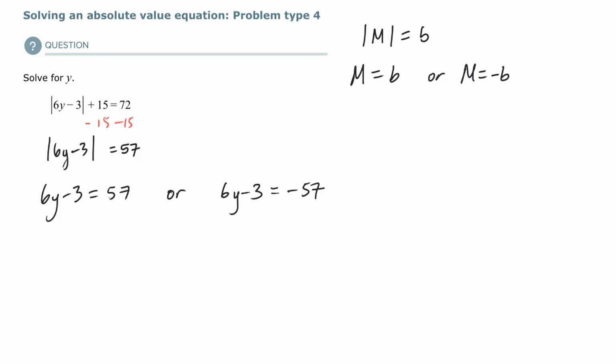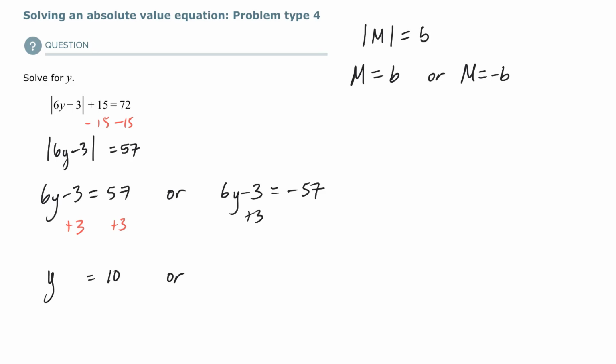Why don't we add 3? And not surprisingly here, we get y is equal to 60 divided by 6, which is 10. Or, what happens on this side?